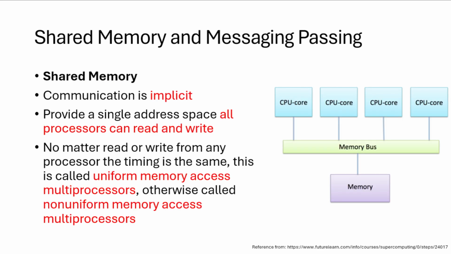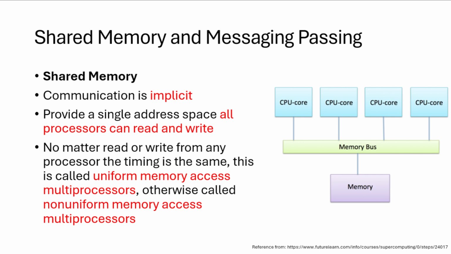And we are going to discuss the inter-processor communication. There are 2 major programming models for the multiprocessor system. The first one is message passing. The second one is shared memory. The characteristic of shared memory is that the shared memory processor can provide all the processors a single address space, and it allows any processor to read or write data in memory at any location.